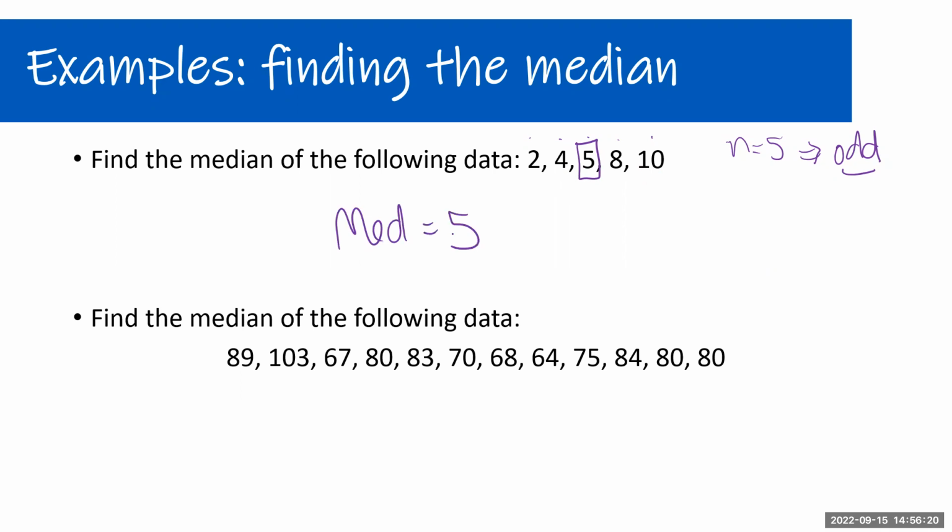Now for the next one, we want to find the median of this data. Notice that the first thing we need to do is put them in order. They're not in order, okay? So pause for a moment if you need to do that.